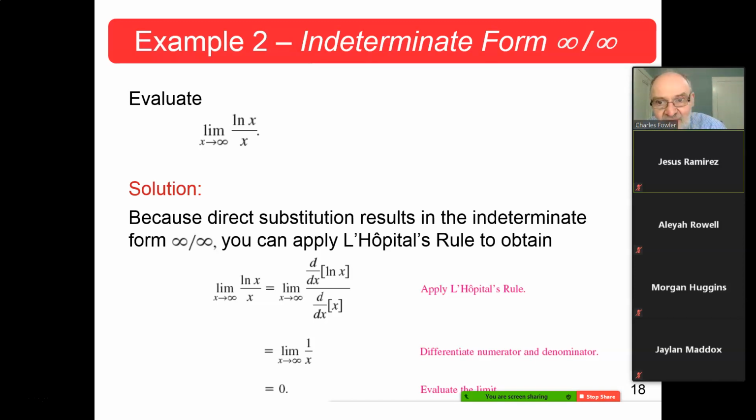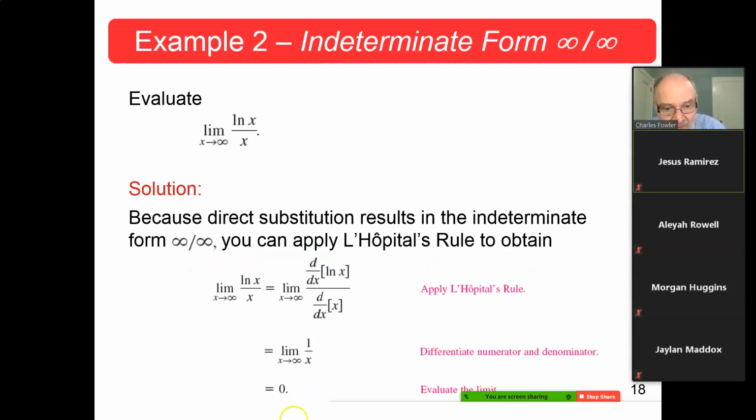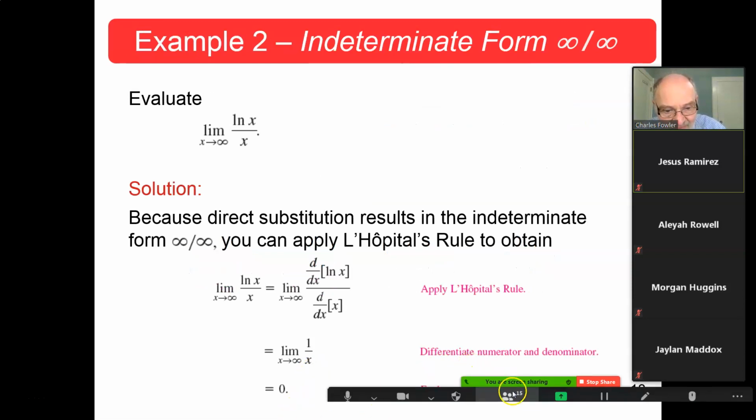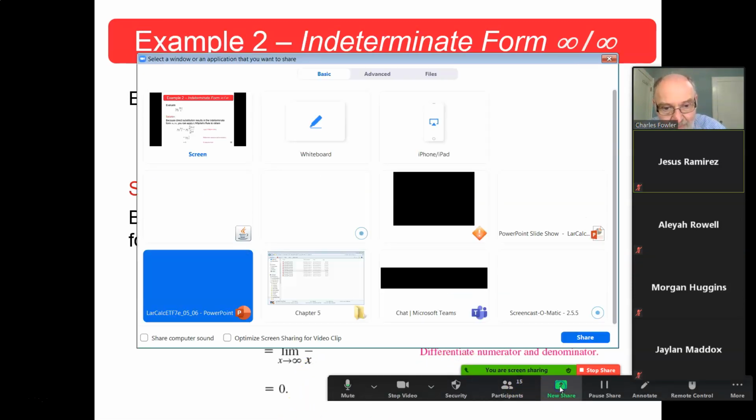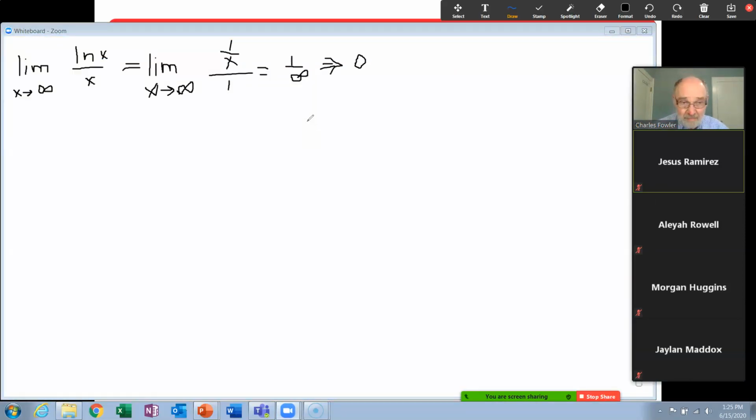Let's see if they do example 3. No, they don't. They skip example 3. So this is definitely a whiteboard problem, right? So let's get my whiteboard back up again. All right, to erase the previous.